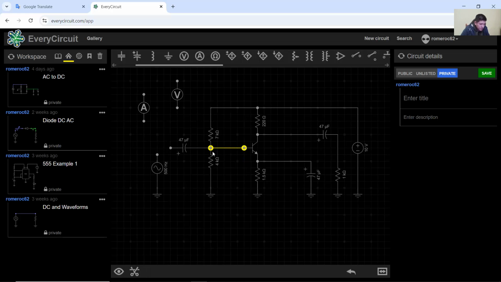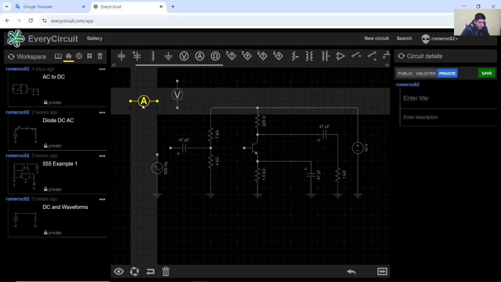I will remove these nodes, these connections, delete, and add the ampere meter, rotate. Okay, I need more space.